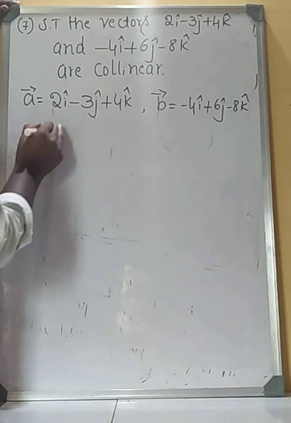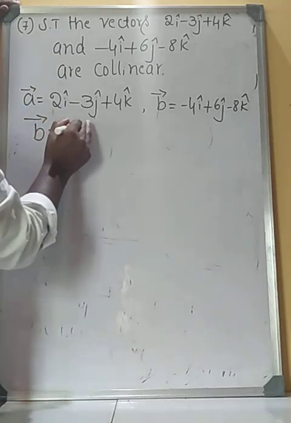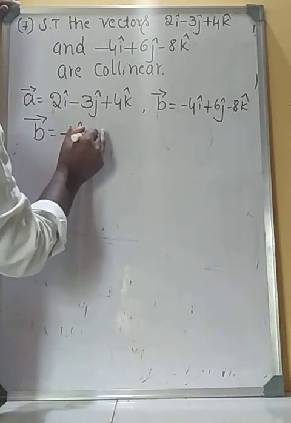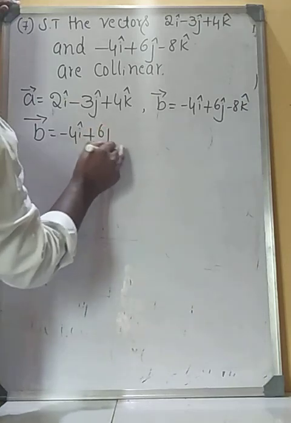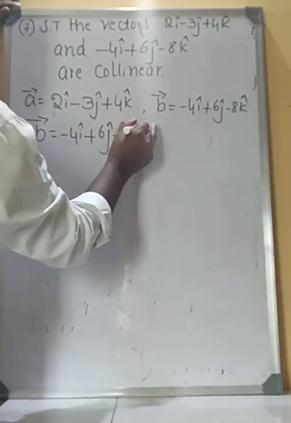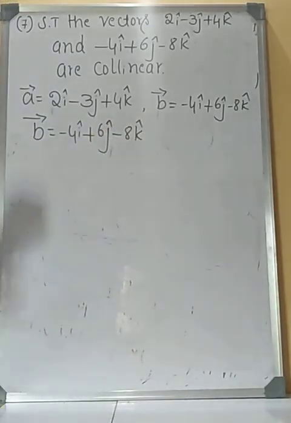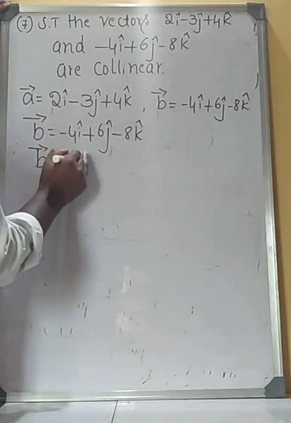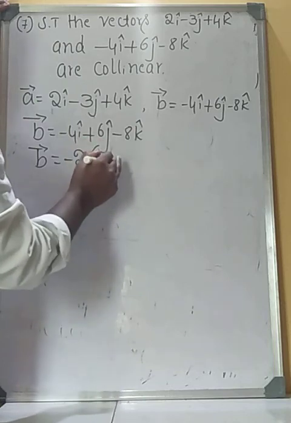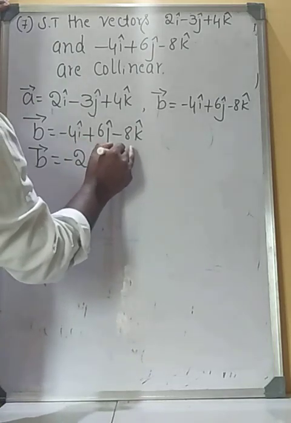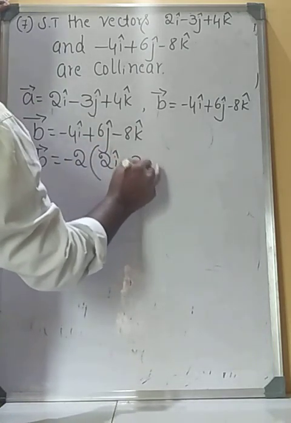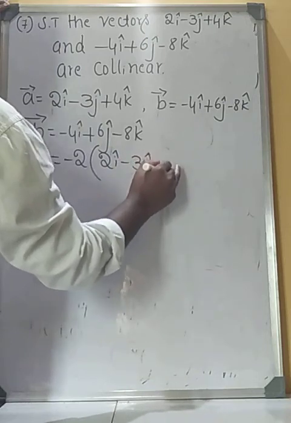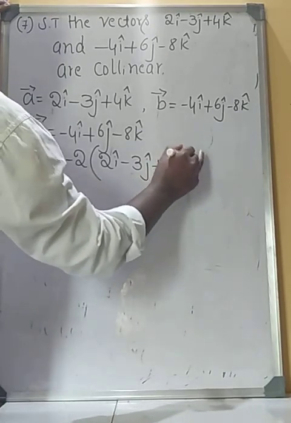Therefore vector B is equal to, taking minus 2 common, minus 2 into (2i minus 3j plus 4k).